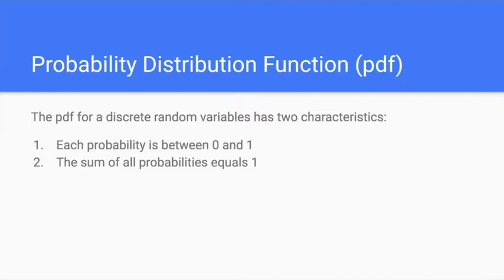Finally, if you add all the probabilities up in that second column, the sum should equal 1, because something is going to happen. One of those random variables is going to occur, and so the sum of all of the possible outcomes should always equal 1.